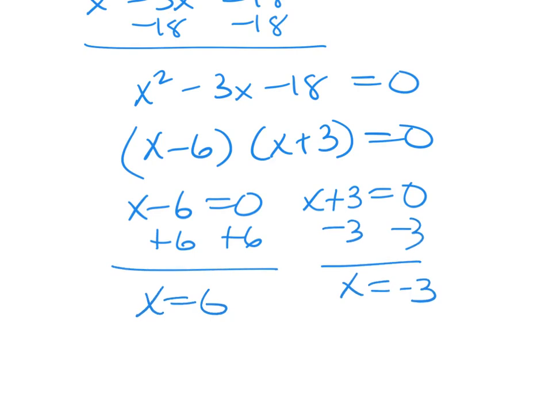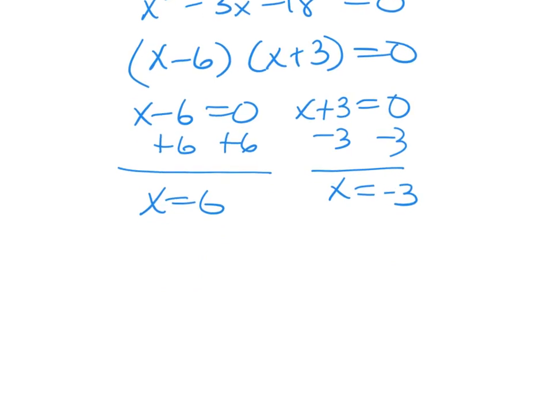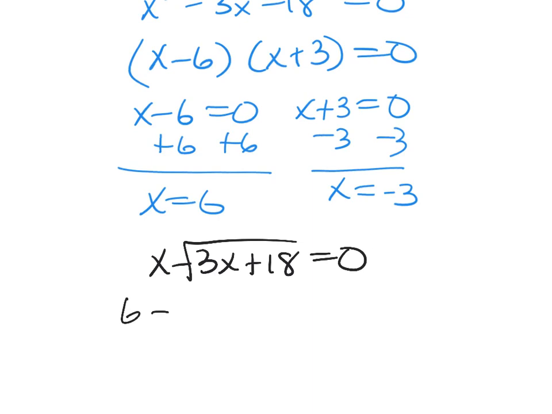So we're going to go back to the original. My original was x minus the square root of 3x plus 18. So 6 minus the square root of 3 times 6 plus 18.